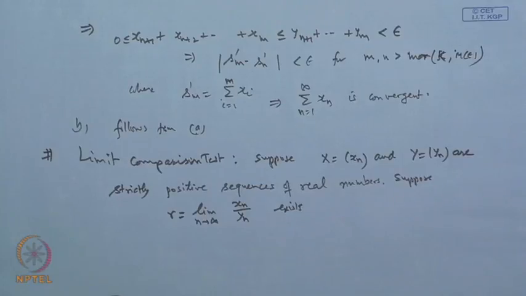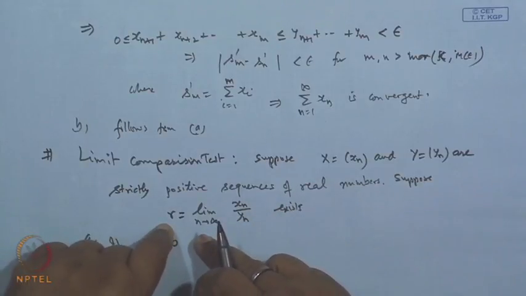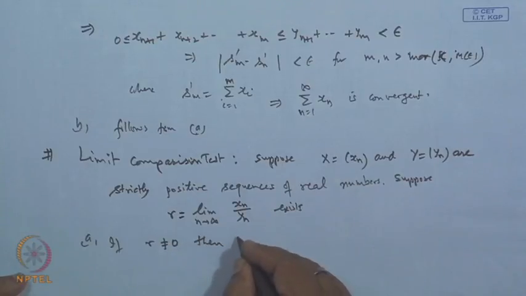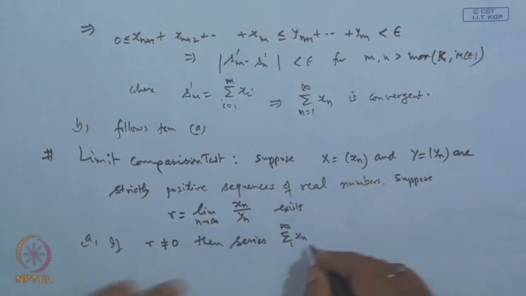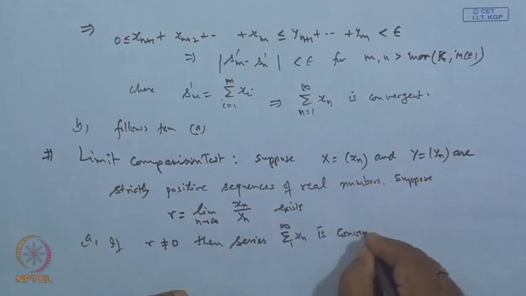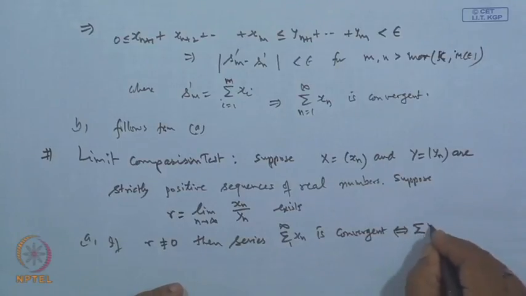Then what it says is, if r is different from 0, meaning the limit of x_n over y_n is different from 0, then the series sigma x_n, 1 to infinity is convergent if and only if sigma y_n is convergent.